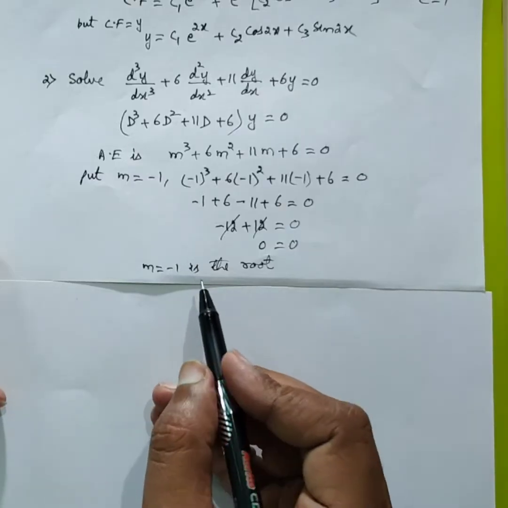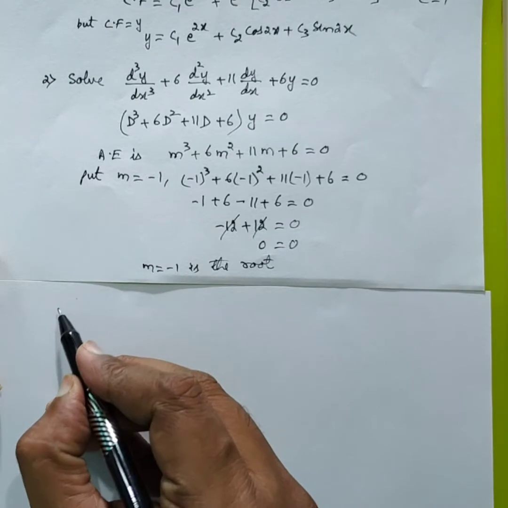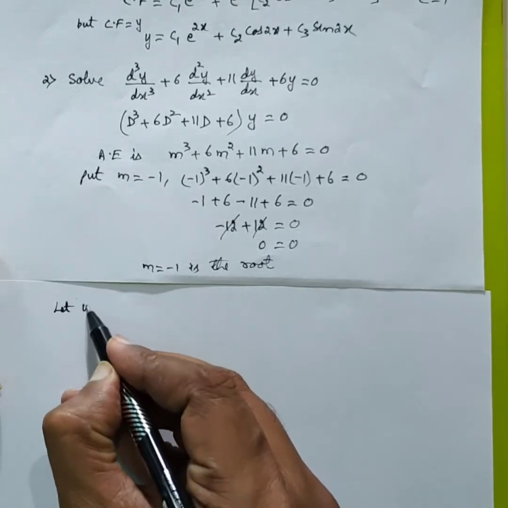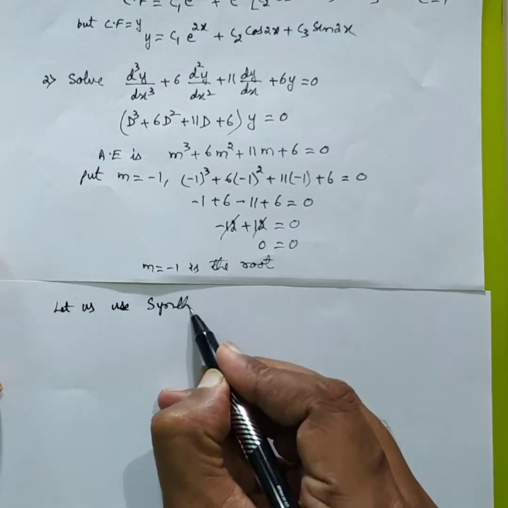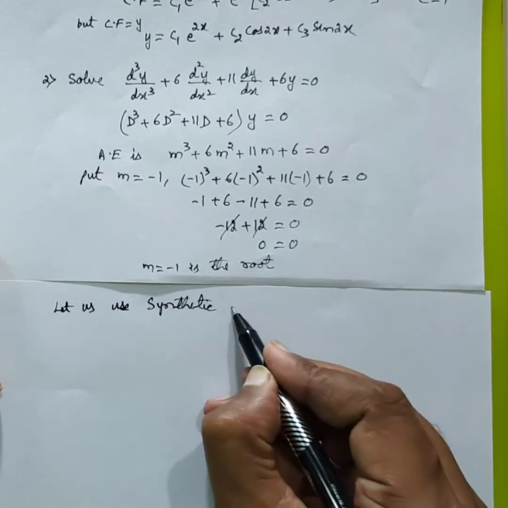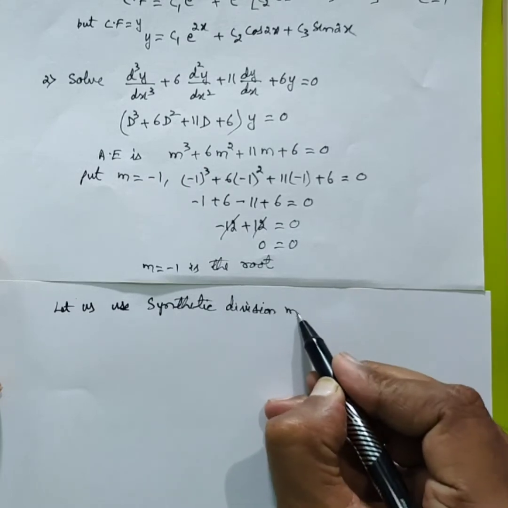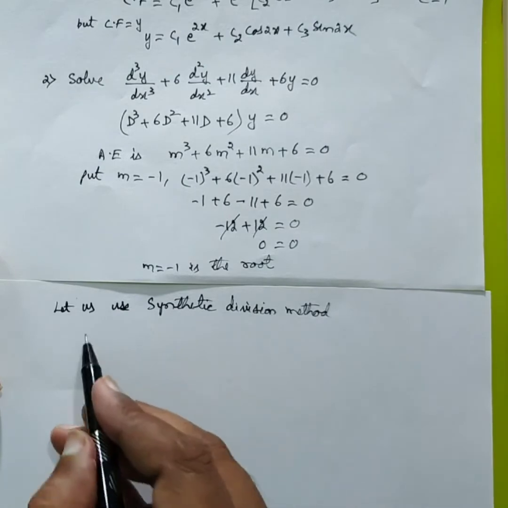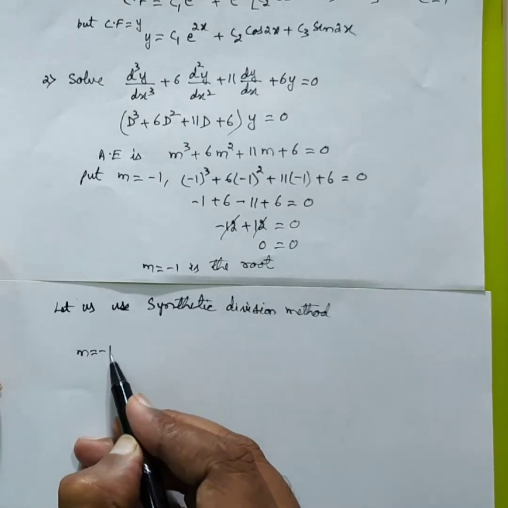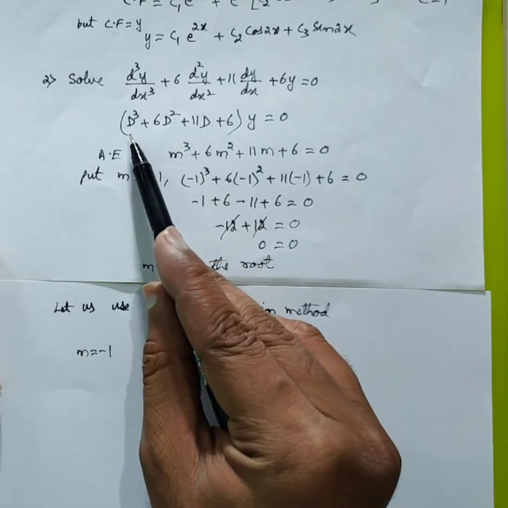So we need to find the two other roots, therefore I'll use the synthetic division method. If you use the synthetic division method, you have the root m = -1, and you have the differential equation.